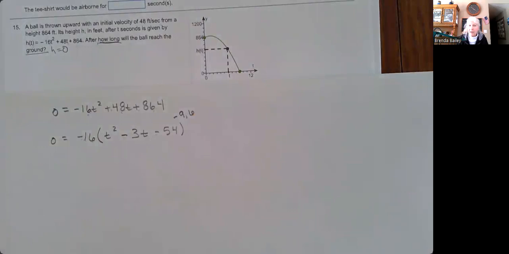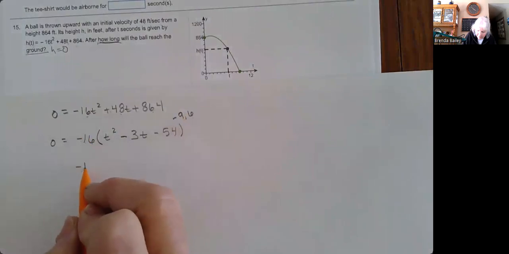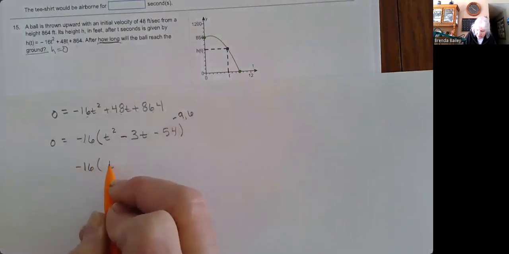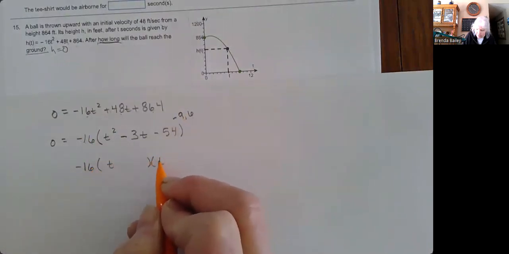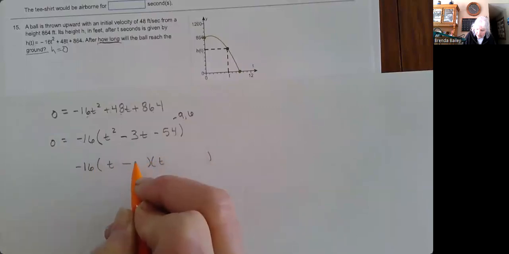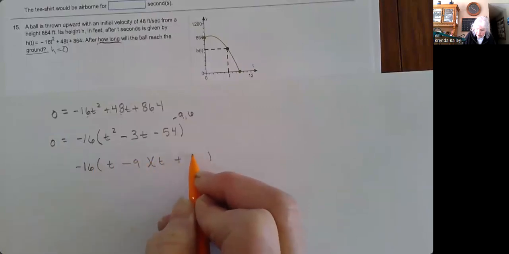You could have divided it by 2 times something, 3 times something, but these two work. So we've got negative 16, t minus 9, t plus 6.